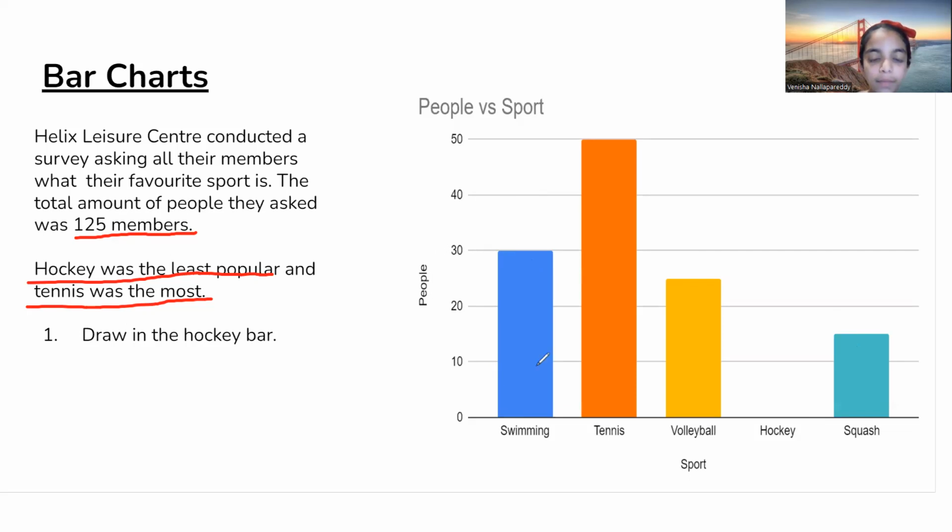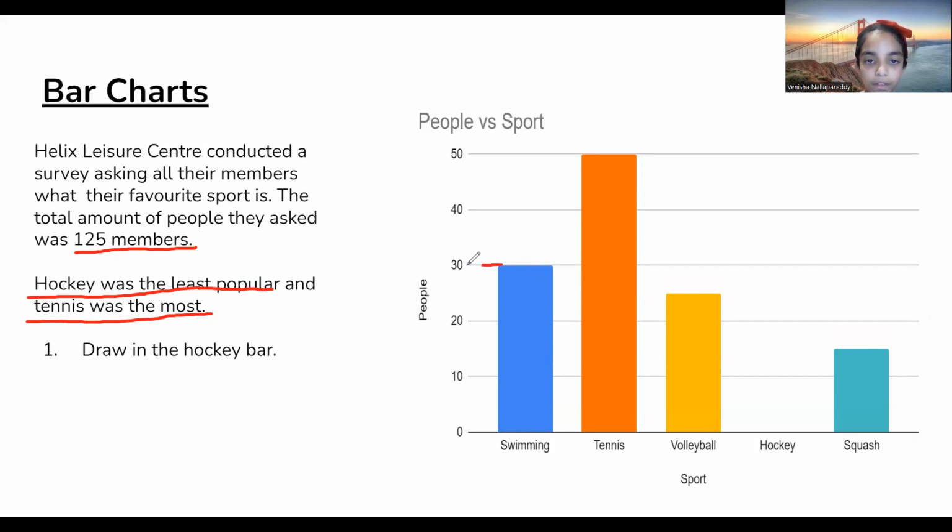So let's see how many people liked swimming. That's 30. How many people like tennis? Well, that's 50, just like how many people like red in that Key Stage 2 school. How many people like volleyball? Well, we can see that's not 20 or 30, but that's halfway in between. So what's halfway in between 30 and 20?